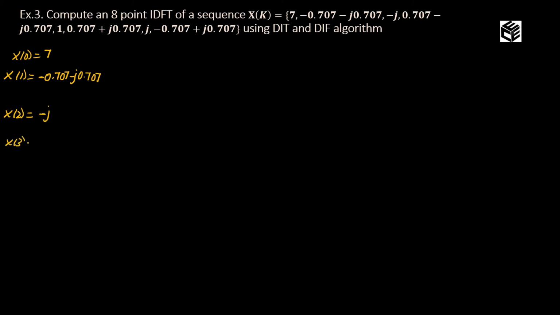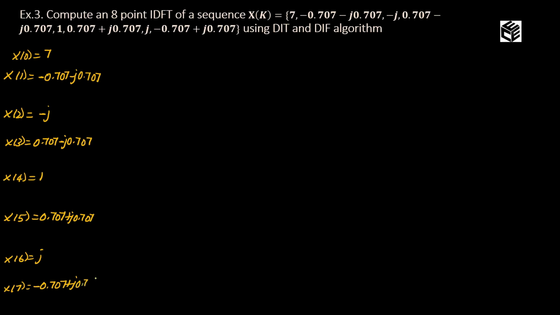X of 3 is equal to 0.707 minus j 0.707. X of 4 is equal to 1. X of 5 is equal to 0.707 plus j 0.707. X of 6 is equal to j. X of 7 is equal to minus 0.707 plus j 0.707.